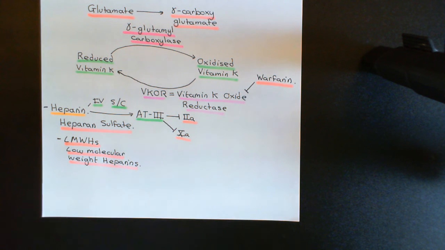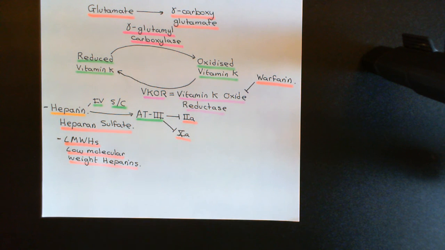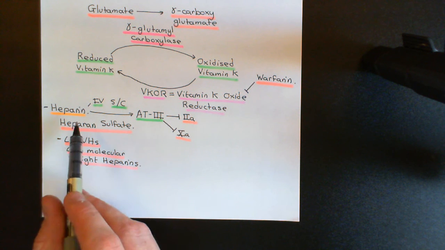It's a massive, great carbohydrate molecule that we extract from beef liver. Very similar to heparan sulfate, which is the endogenous carbohydrate molecule that we have on the surface of our endothelial cells, which has the job of activating antithrombin-3 and forms part of the endogenous anticoagulant mechanisms to prevent thrombosis. Okay? It's very, very large.